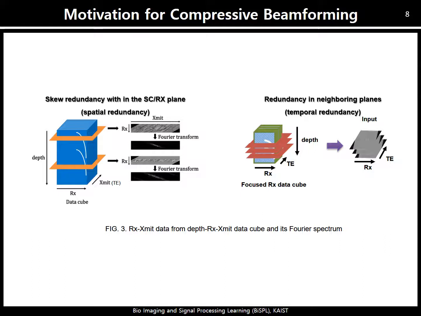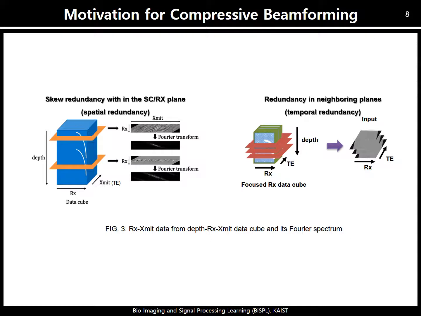Before designing a CNN for subsampled data, we need to know the nature of the data, whether the data has any sparsity in it, or whether it is possible to perform compressive sensing or subsampling in the data or not. So as we know, in focused beam mode imaging, the direction of each transmit event changes incrementally. So the acquired data does not change rapidly.